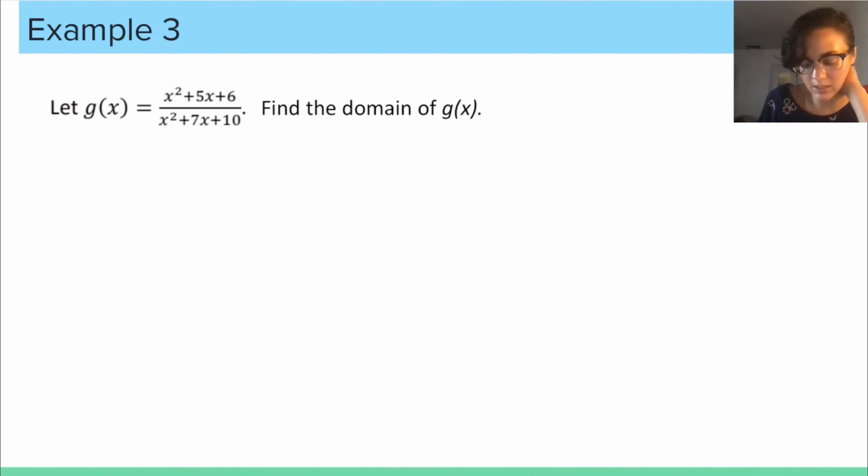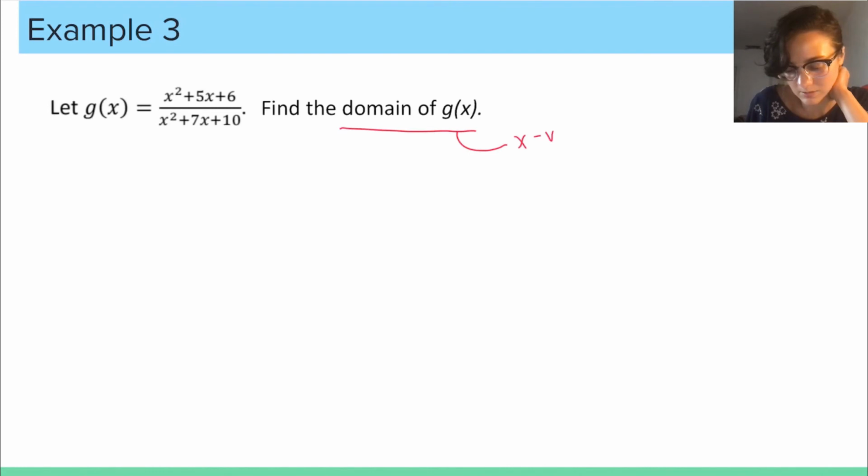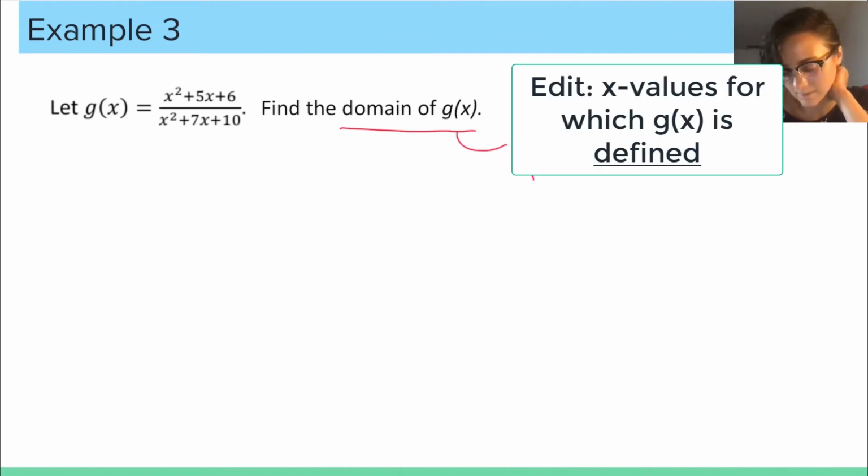So basically the domain is all the x values where the function is continuous. So any points of discontinuity, any holes or vertical asymptotes, will not be in the domain.